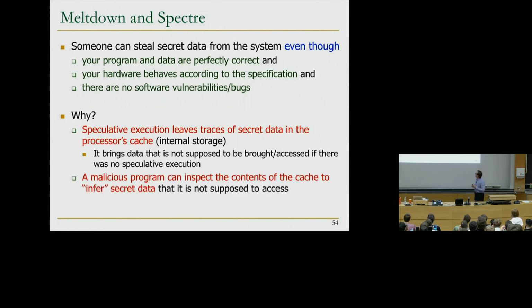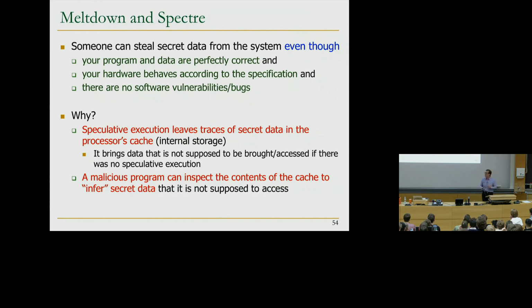A malicious program can inspect the contents of this internal storage, the cache, and we will cover caches also, to infer secret data that it's not supposed to access. It can still not access it directly, but by probing the cache in particular ways and constructing the attack in particular ways, it can infer whether each bit stored over there is a 1 or a 0.